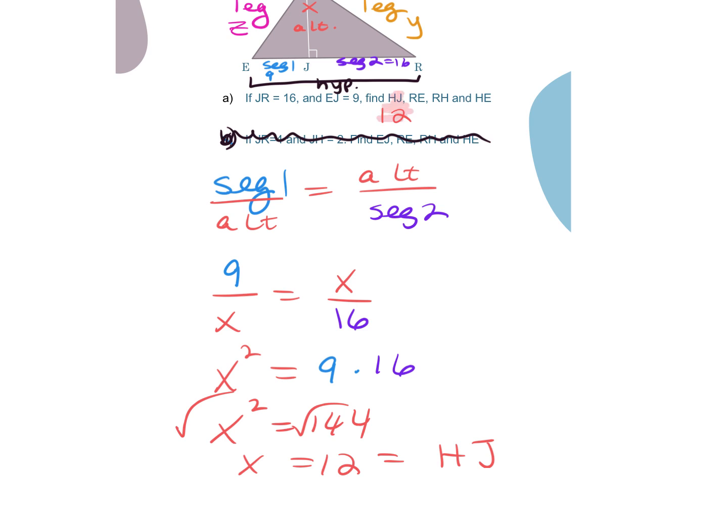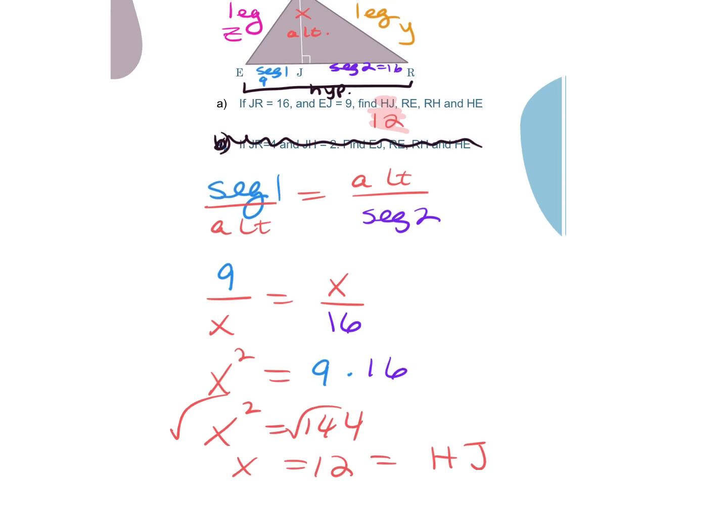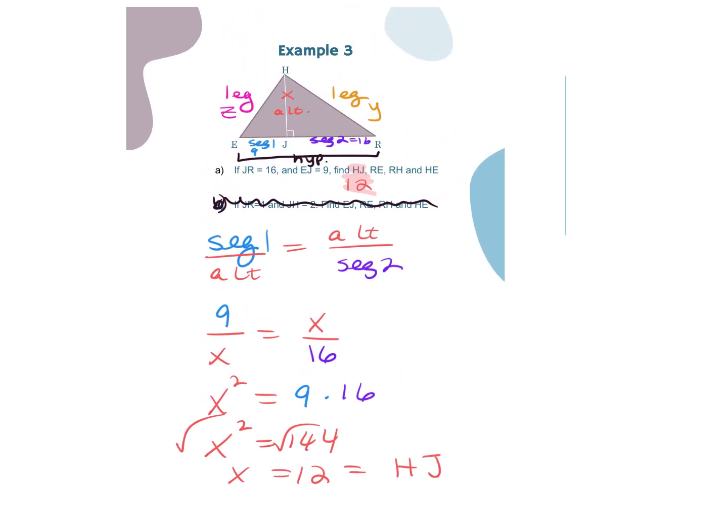Now, if this was not a perfect square, if you chose to multiply it and you got a decimal, then you'd have to go back and do the factor tree. Now let's work on finding the hypotenuse, because that is the RE. For RE, it's nice and easy because I already have the 2 little pieces of the segments.